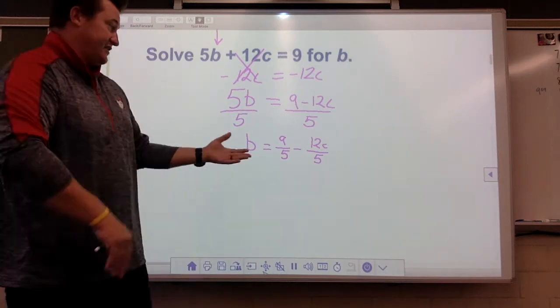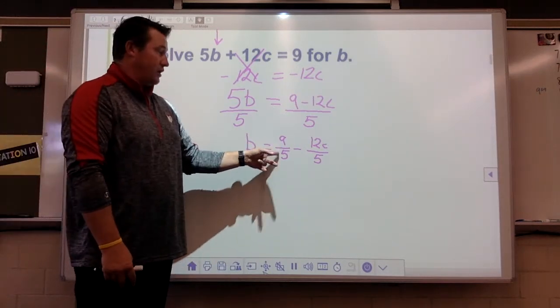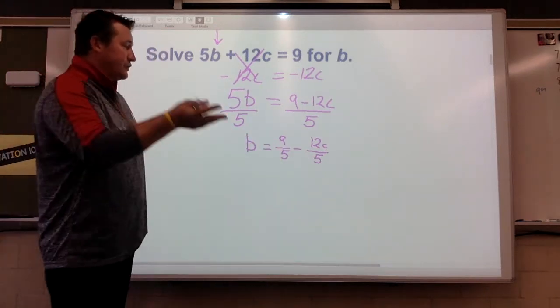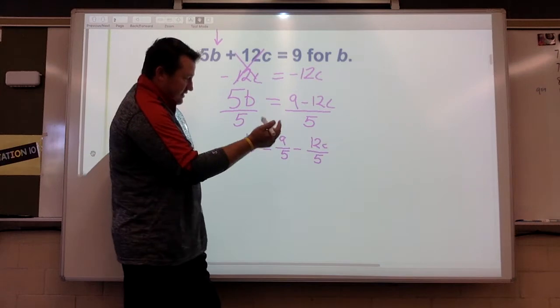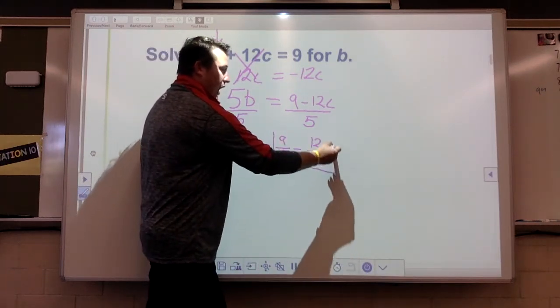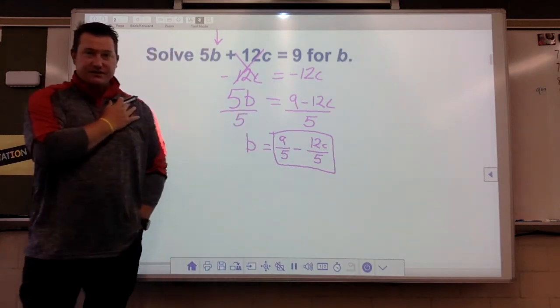If we were to get a nice number here, like, oh, man, wouldn't it be great if this was 10? Oh, wouldn't it be great if this was 20, right? Those would divide to good numbers. Then you could do something with it, right? But I suppose as it is here, we're just going to leave it like this, okay? So this is, I would say, a very nice way to write this.